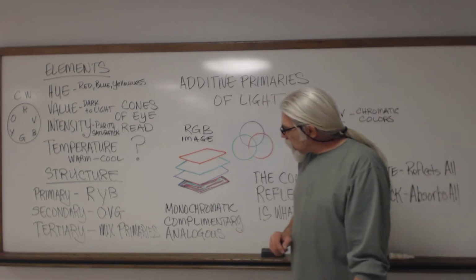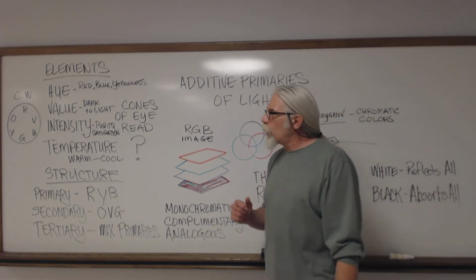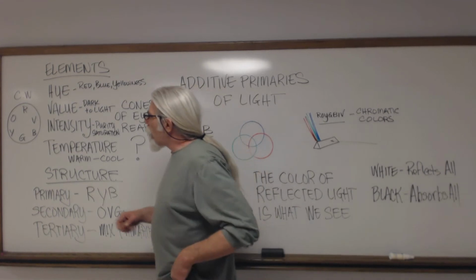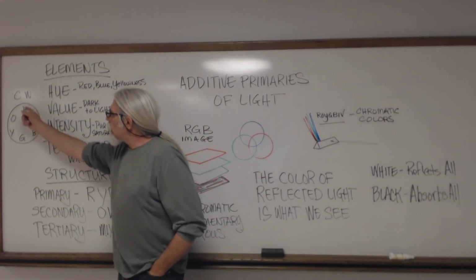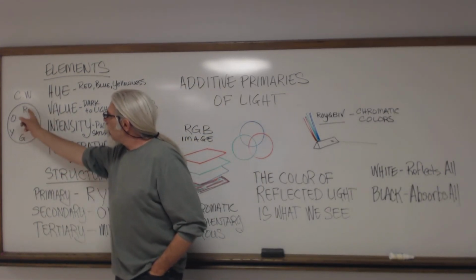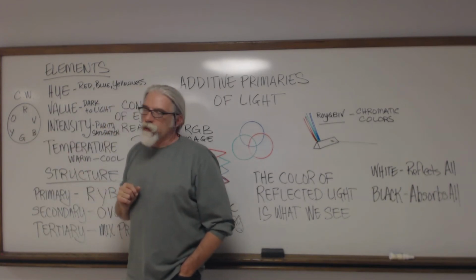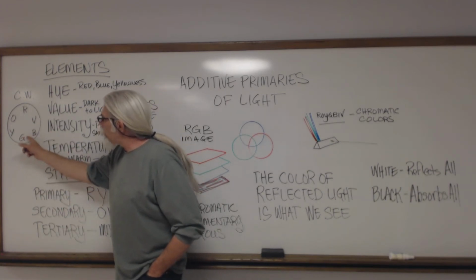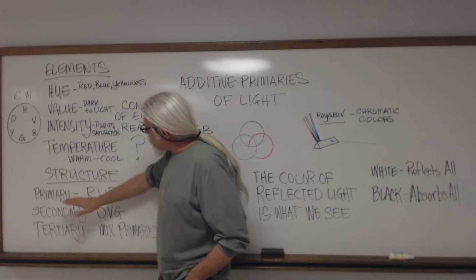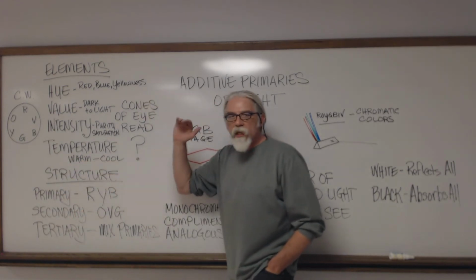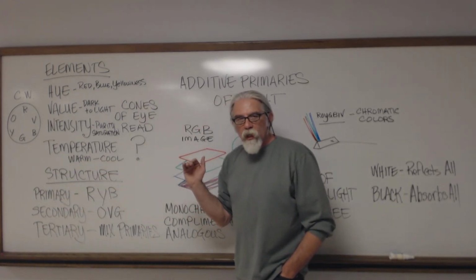The other thing is analogous colors are harmonious colors, and those colors are on the color wheel adjacent to each other. So red and orange are analogous or harmonious colors, as well as green and blue. And this sets up temperature of color being either warm or cool when we use these analogous colors.